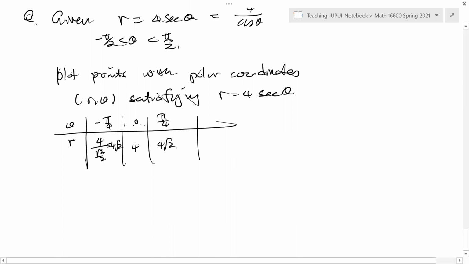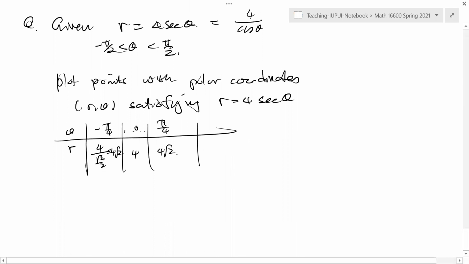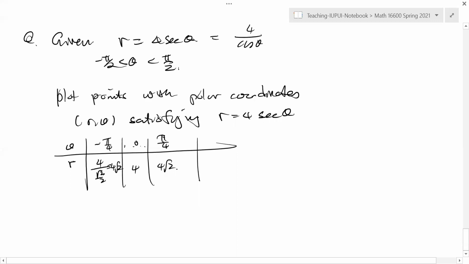So we try to rewrite the equation. We know that x equals r cosine theta, y equals r sine theta.